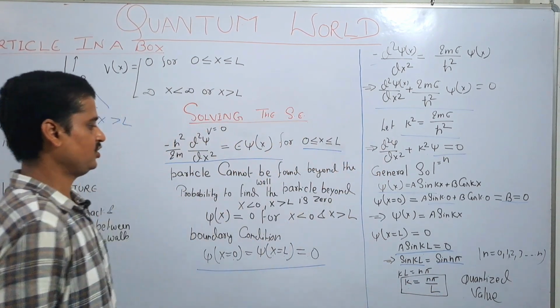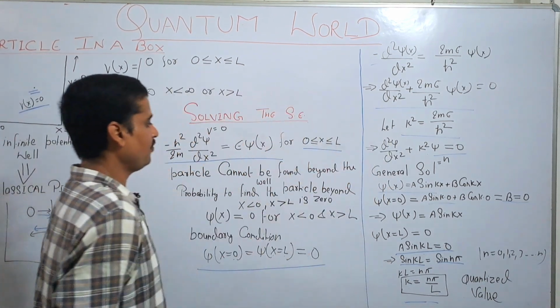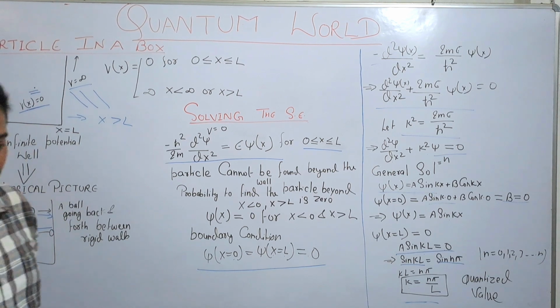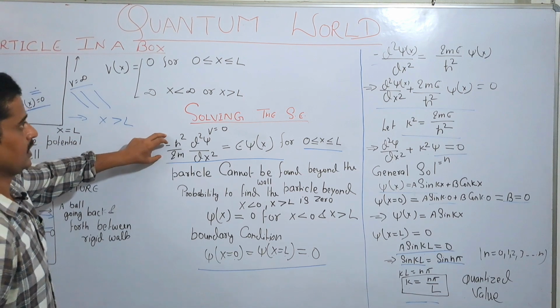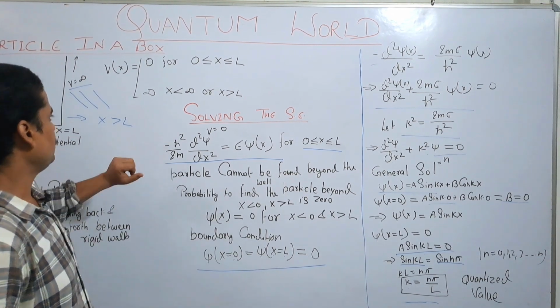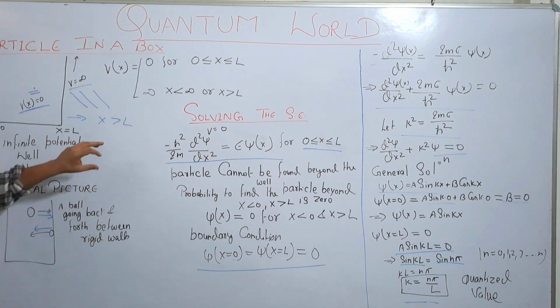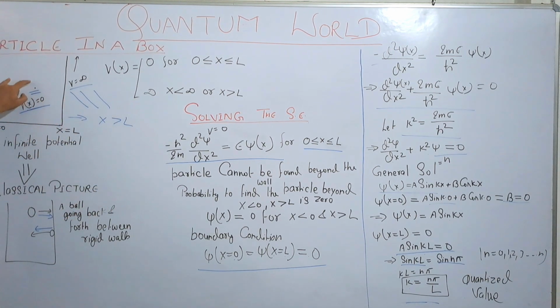This is the quantized value of k. Now we can find the eigenvalue and eigenfunction of this Schrödinger equation. So in the next lecture we will find the eigenvalue and eigenfunction of the particle in this box.